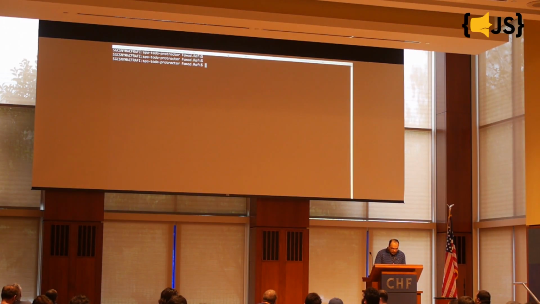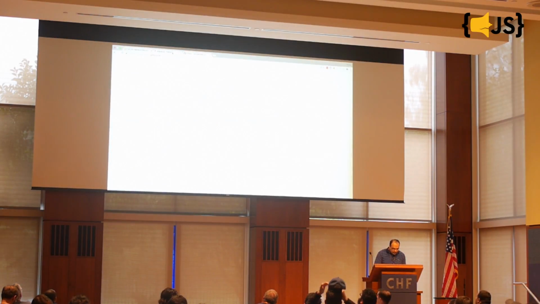Next I'm going to start the simple HTTP server, and now that's listening on port 8000. So on my local machine, on port 8000, I have the various examples running.